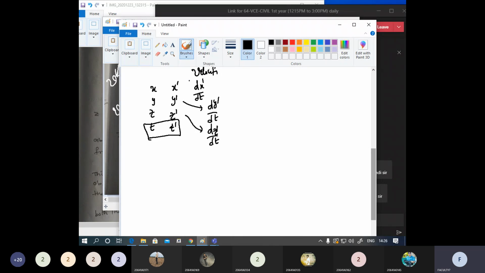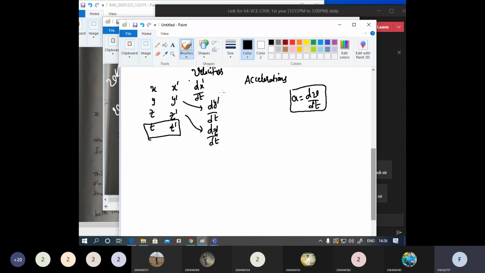Now what are we going to do? We are going to convert these velocities into accelerations. How are you going to get the acceleration? a equals dv by dt. That is the actual thing. The rate of change of velocity gives the acceleration.